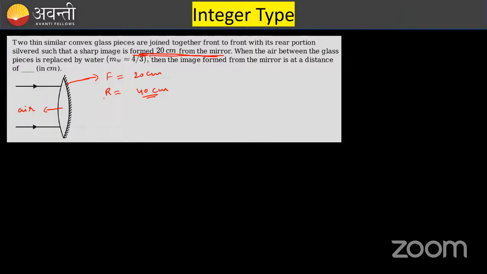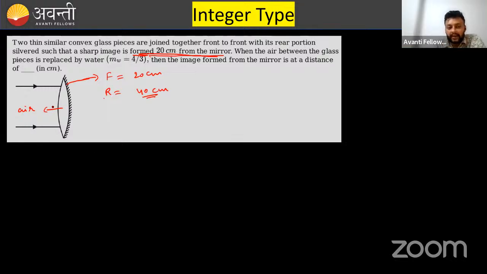The focus part is not clear? Let me repeat once again. I said when the rays are entering, after entering, from here to here there will be no deviation. When will deviation start? When they strike the silvered mirror part. That means while going inside and after reflection, the initial part of the lens has no significance. That means my mirror is behaving as a concave mirror.